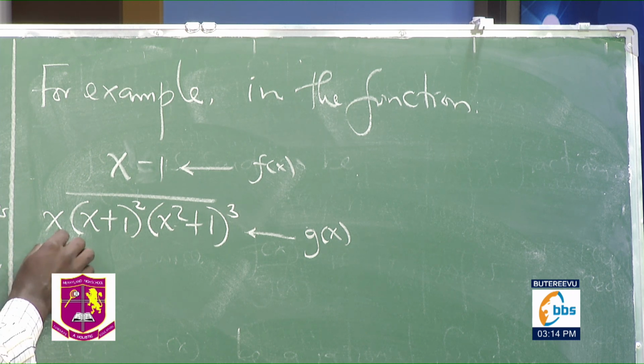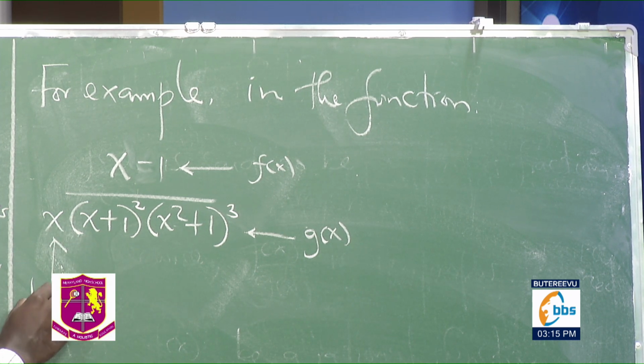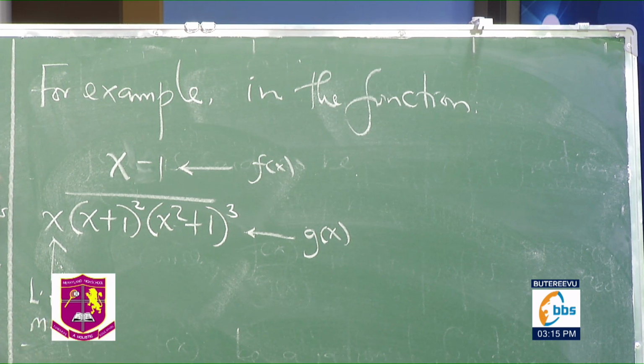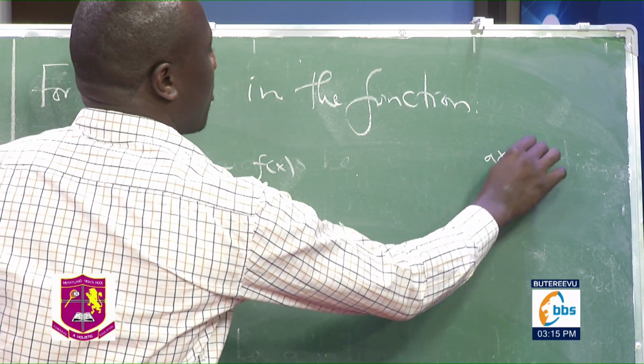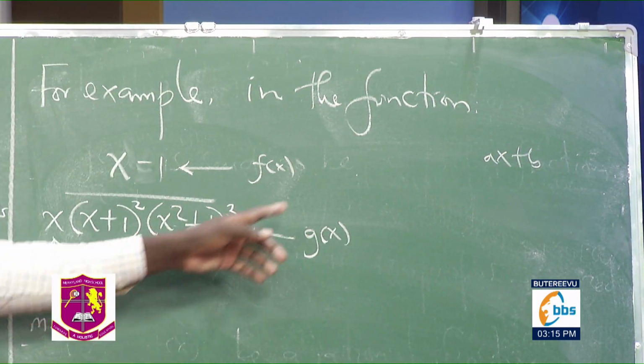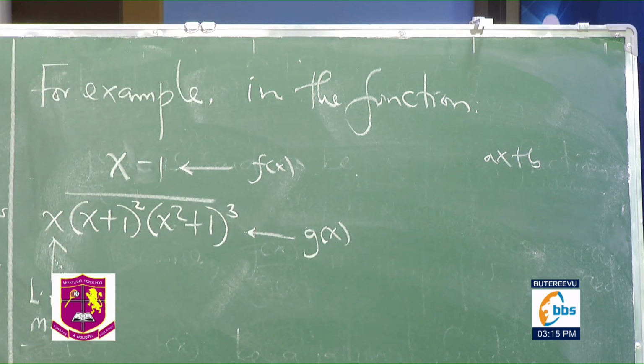Now, this is a linear factor, and it has multiplicity 1. In other words, it's in the form ax plus b, and in that case, a is 1 and b is 0.